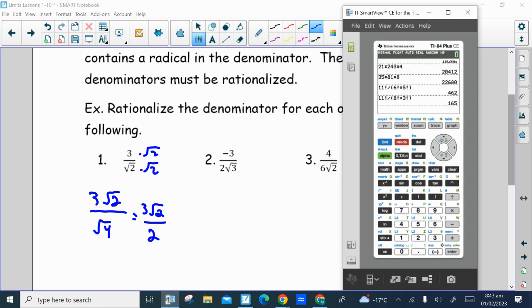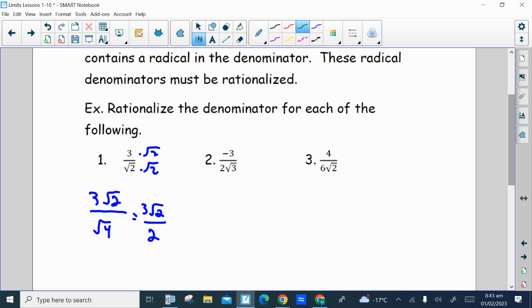The original expression was 3 divided by root 2. It's that irrational number, a non-repeating, non-terminating decimal. Well, that should be equivalent to 3 root 2 over 2. And it is. We haven't changed the value. We just changed how it looks. We no longer have a radical in the denominator.